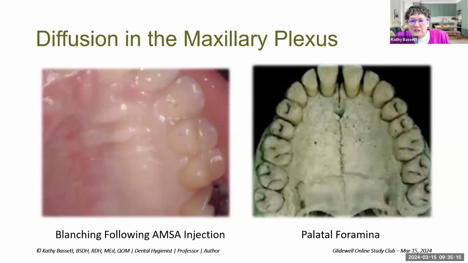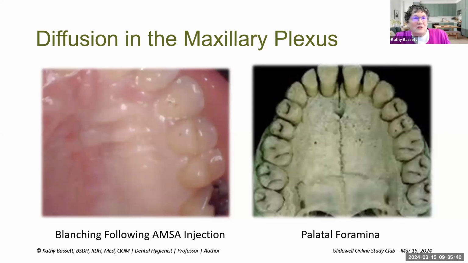A feature to appreciate on the palate is how porous the bone is. Together with the inflexibility of palatal tissues, drug can quite efficiently be moved into that dental plexus through the palatal aspect. And this enhanced diffusion of anesthetics through palatal bone is the basis of the AMSA injection, which we'll look at.